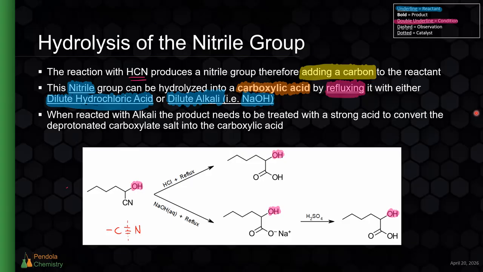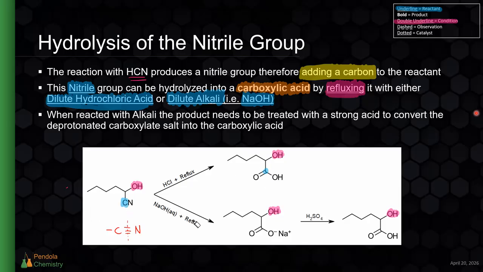What's going to change is our carbon triple bond nitrogen, our nitrile group. That carbon in the nitrile group gets turned into the central carbon for a carboxylic acid. So if we use the acid, that carbon gets a double bond oxygen and an OH added to it, giving us this carboxylic acid group right here.